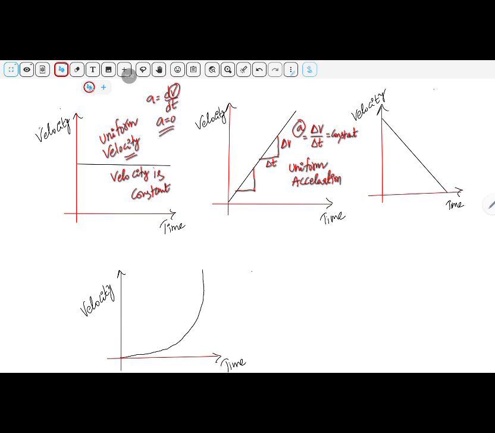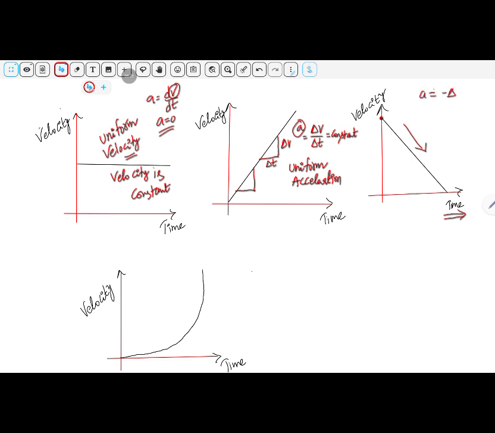Okay, next, coming to third graph. In the third graph, if you observe, whereas the time is gradually increasing, the velocity is getting reduced. If you observe, the slope is a negative slope. Okay, so if the velocity is reducing, you can consider it as a negative acceleration or deceleration.